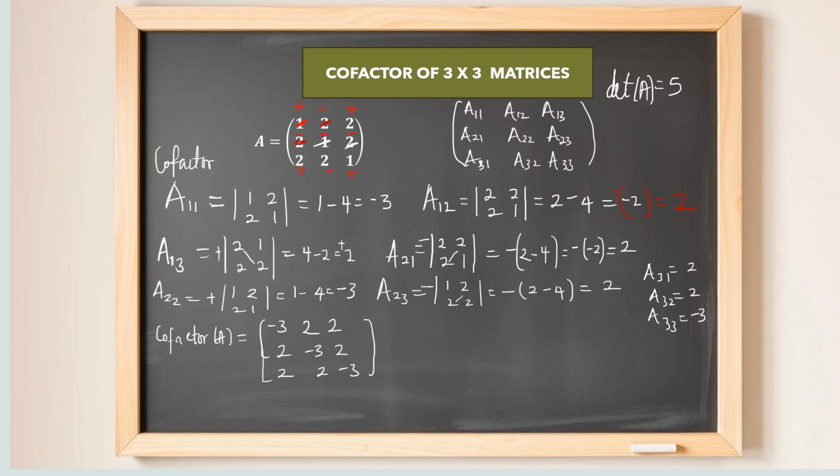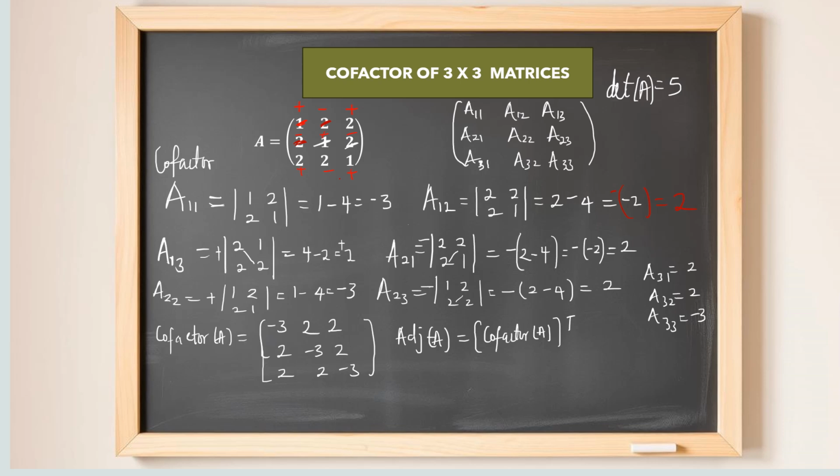This is a symmetric matrix. And don't forget, I told you that the adjoint of matrix A equals the transpose of the cofactor of A. So we find the transpose.